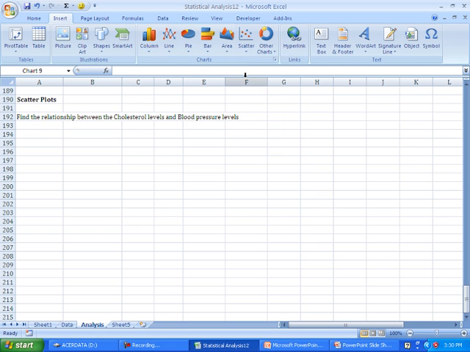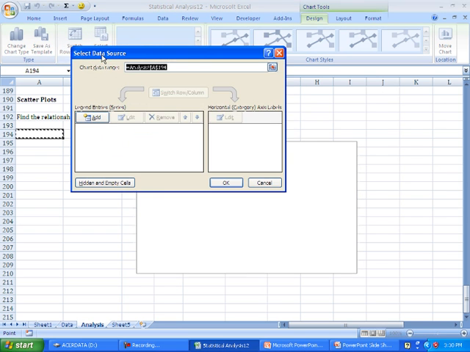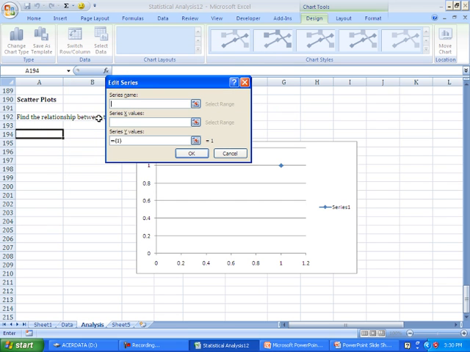So select the scatter chart, and probably I can select the data. Here it asks me what is the source of the data. Rather than that, I can go here. The series name, I can call it as blood pressure versus cholesterol.